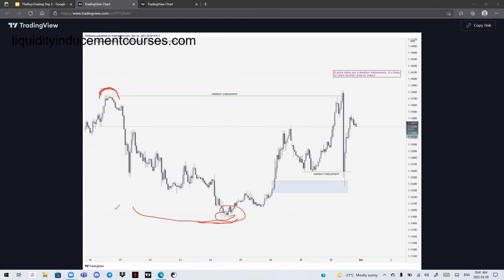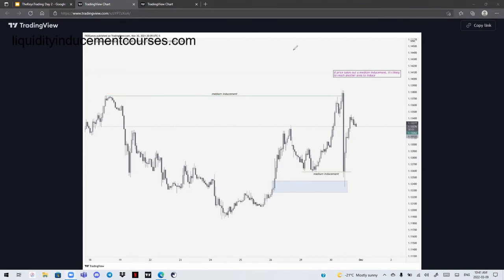This gave us the first break of structure to the left. So when you see the area that gives the first break of structure, it is always inducement. Always. So this area needs to be induced, so then it is considered as a medium inducement.